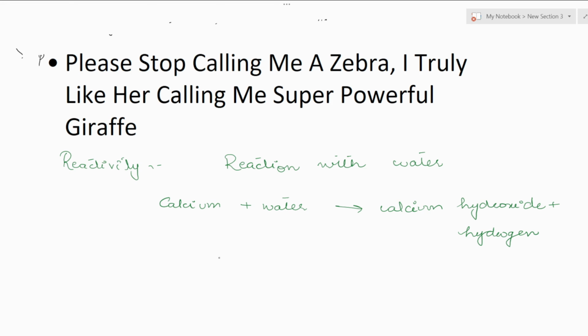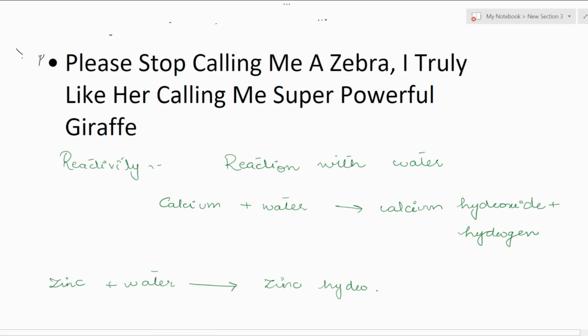Now you need to tell me what would be the product. Zinc plus water gives zinc hydroxide and hydrogen. We discussed earlier that when metals react with water, they form hydroxides or alkalis.